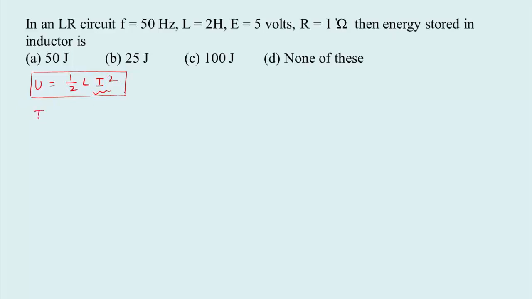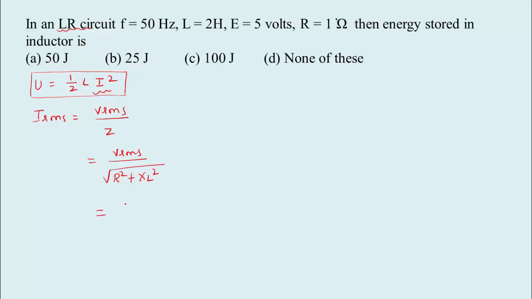We have the equation I RMS equal to Vrms divided by Z, because this is an LR circuit. We have to use impedance, so we can write Vrms divided by the root of R square plus XL minus XC whole square. But there is no capacitor here, so we simply write XL square.